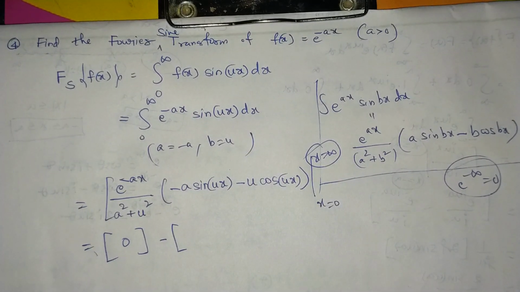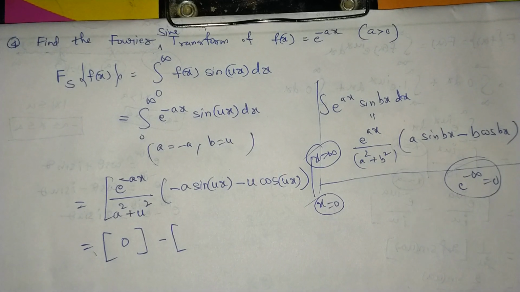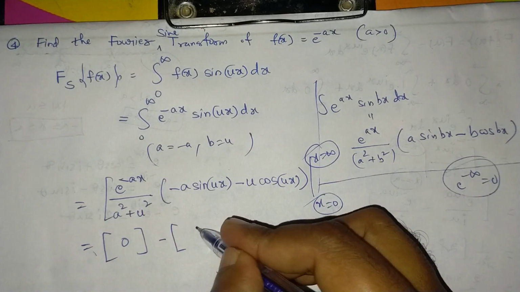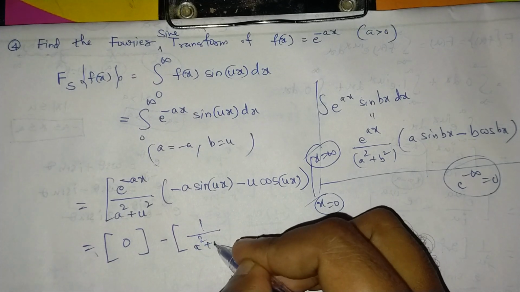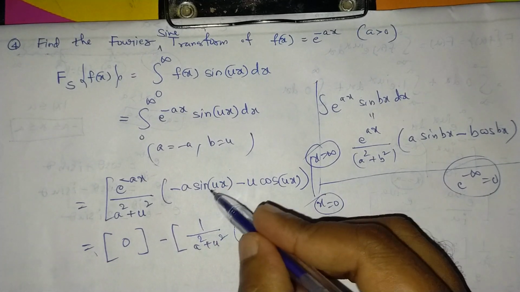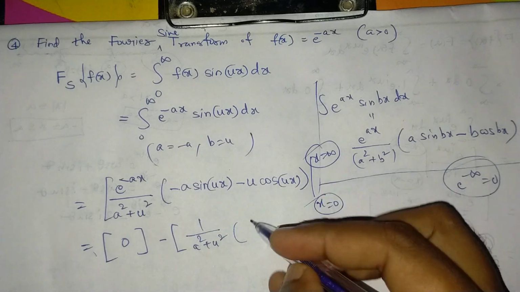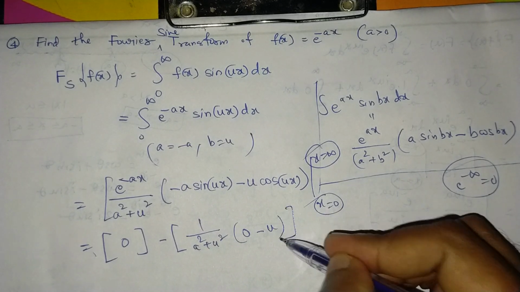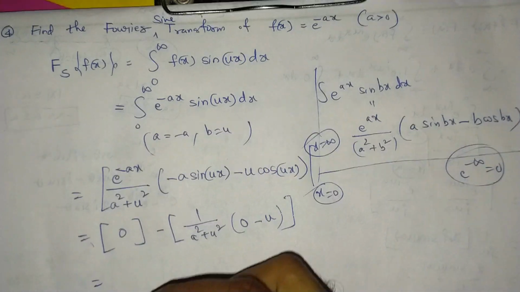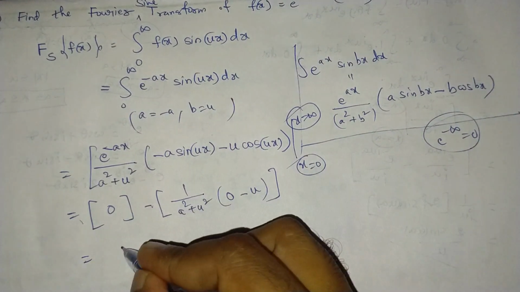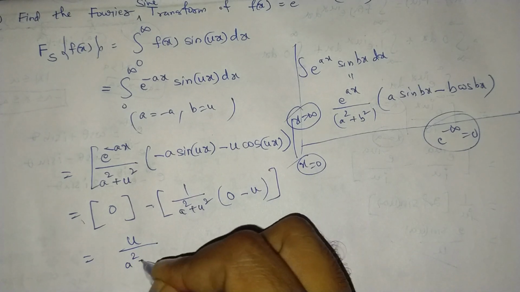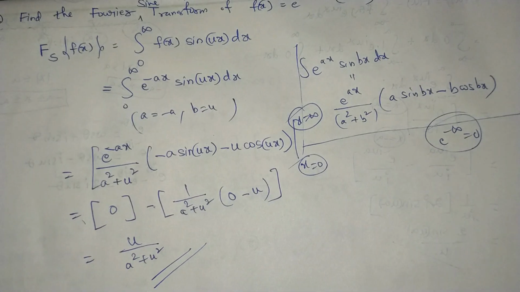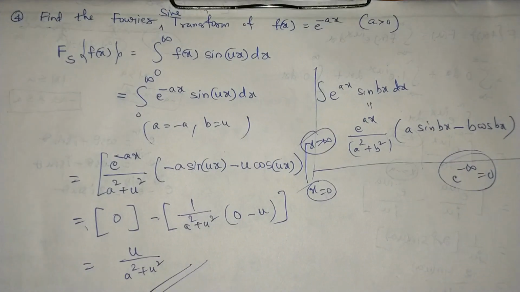Now the lower limit, x equal to 0: e power 0 is 1, so it is 1 by a square plus u square, and sin 0 is 0, so 0 into anything is 0, minus u into cos 0, which is 1. So it's minus u. Minus into minus is plus, so the final answer is u divided by a square plus u square. That is the Fourier sine transform of e power minus ax.